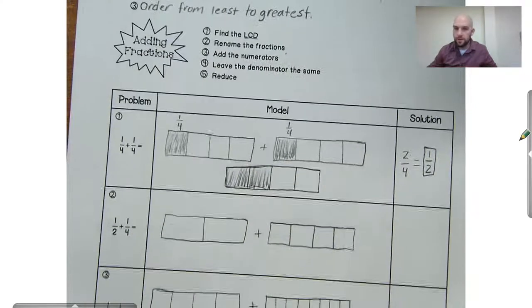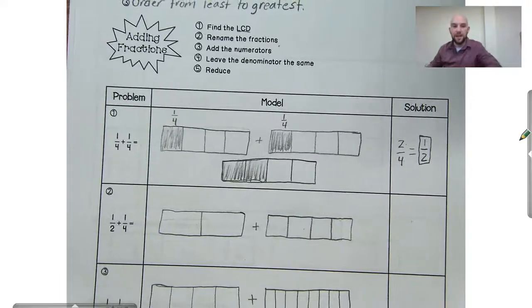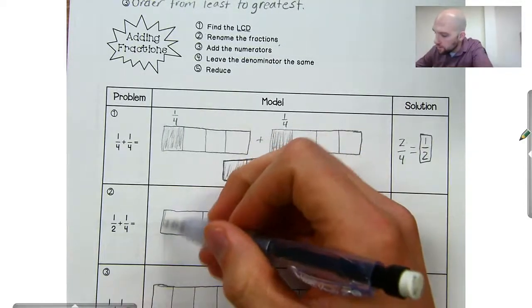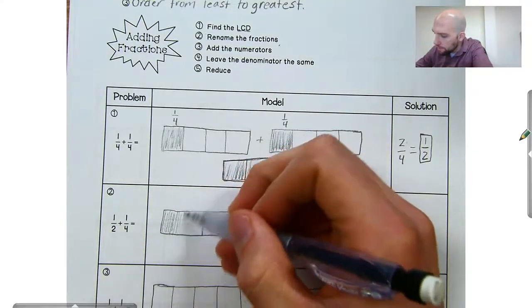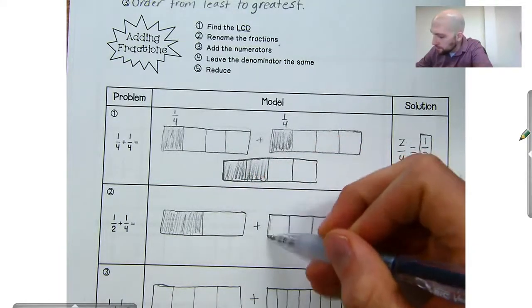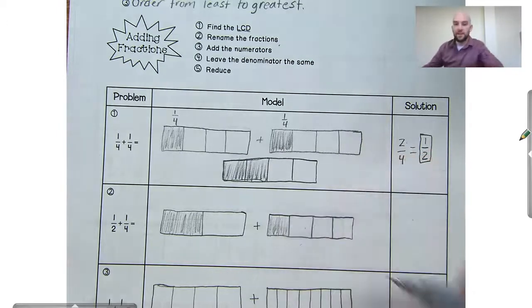All right, let's look at the next one because this one does not have common denominators yet. So we have 1/2. I'm going to shade in one of these, 1/2 plus 1/4. Now I can't just add these together like I did up here.